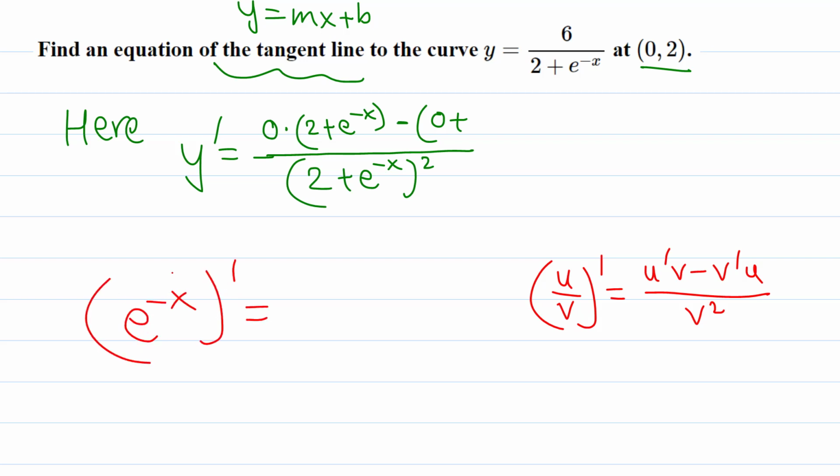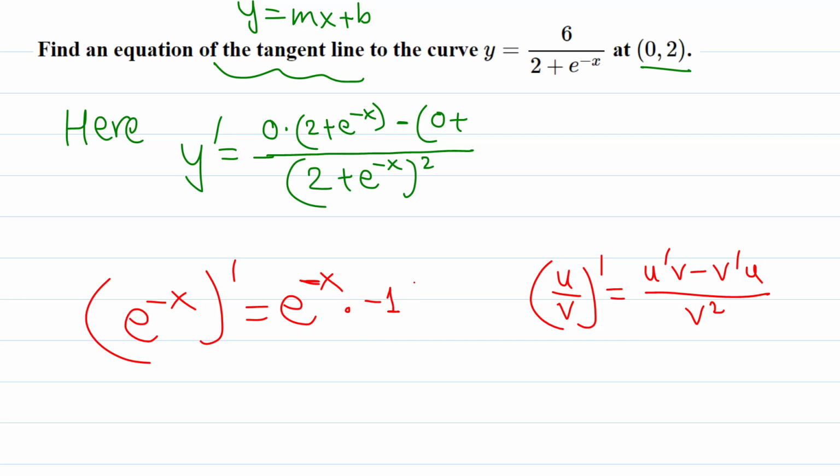It's like e raised to u. Because of this negative, we must use the chain rule. So e^u itself times derivative of negative x, which is negative 1. Derivative of x is 1, but there is a negative, so negative 1.